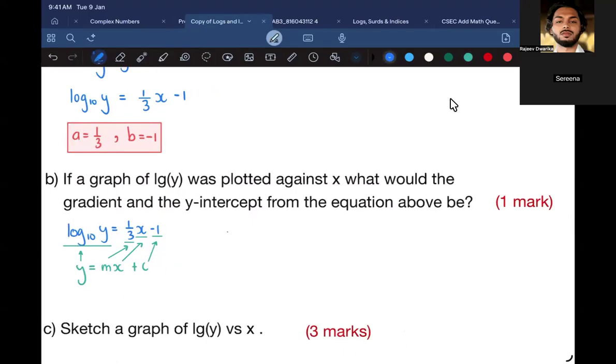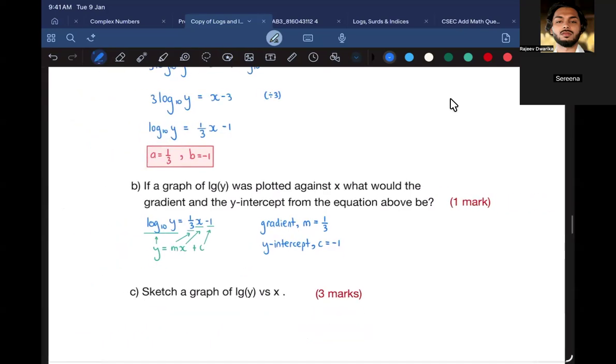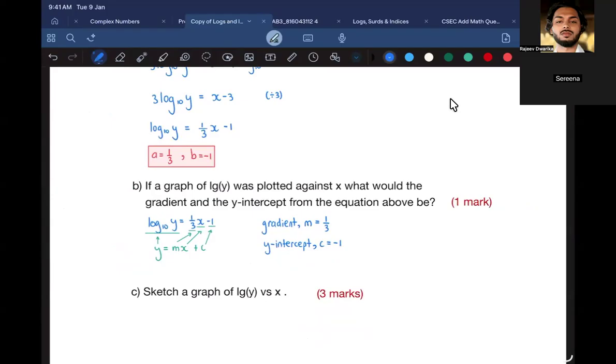So the gradient m is 1/3. Right. So, Serena, you don't have any problems with that, right? No, sir.